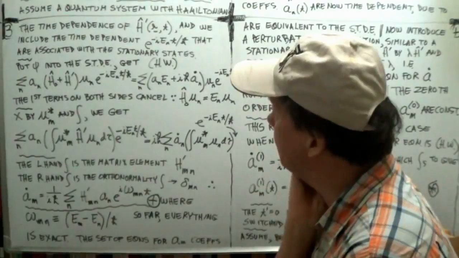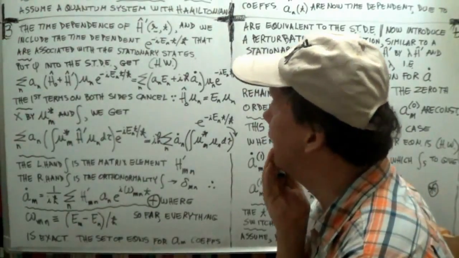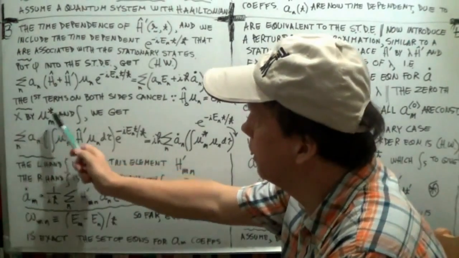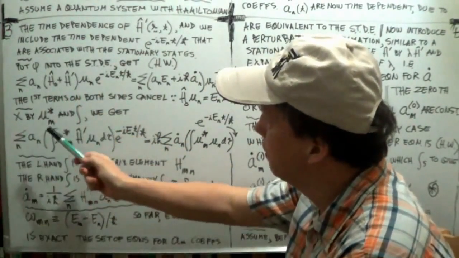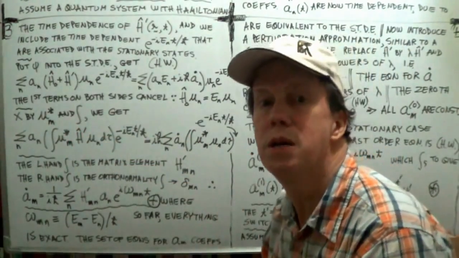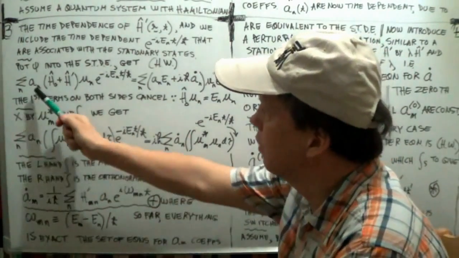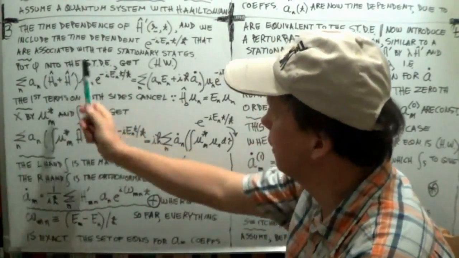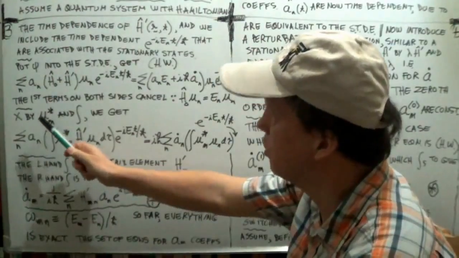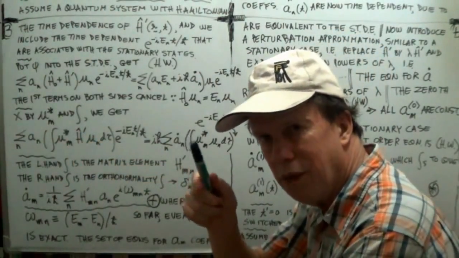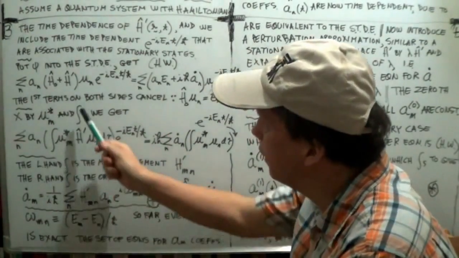Now multiply. That's what this big X means. Multiply on the left of both sides by um star, the conjugate of um. You've got n's here, and here's an m. So multiply both sides on the left by um starred, the conjugate, where i becomes minus i, and then integrate.